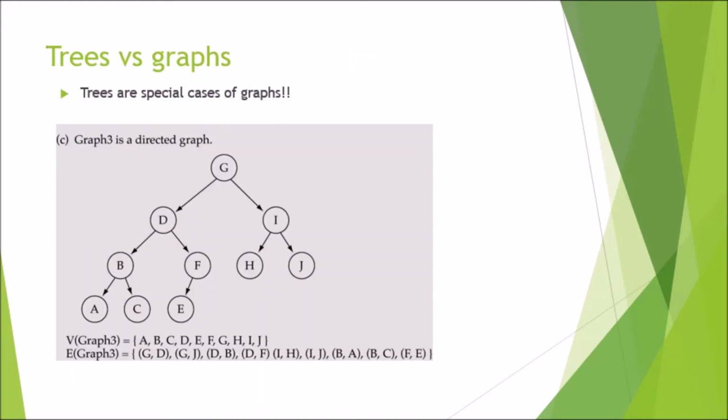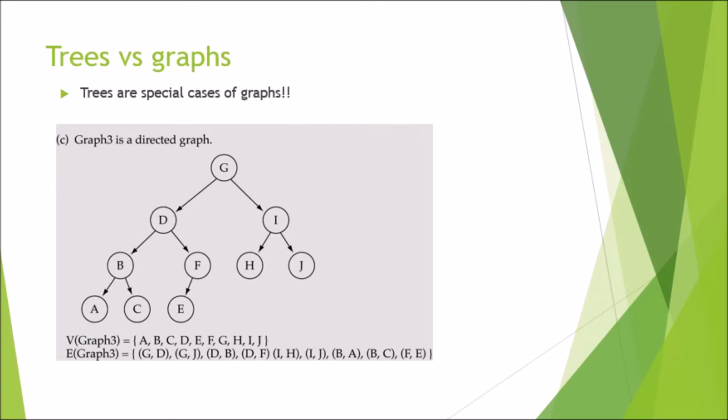Let's see the differences of a tree and a graph. A tree can be called a graph, but a graph cannot be called a tree. Why? Because of its property. Let's see the properties of a tree. So a tree is a special type of graph in which a single node is there at the topmost level, that is called the root, and other nodes below it are called children of that root.